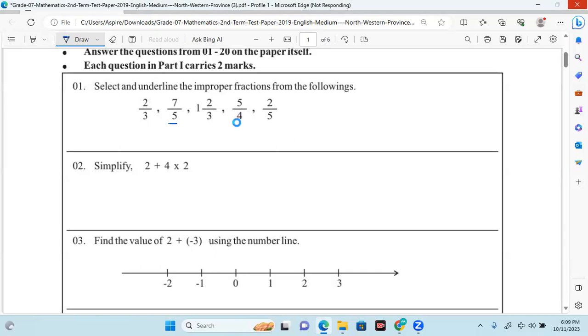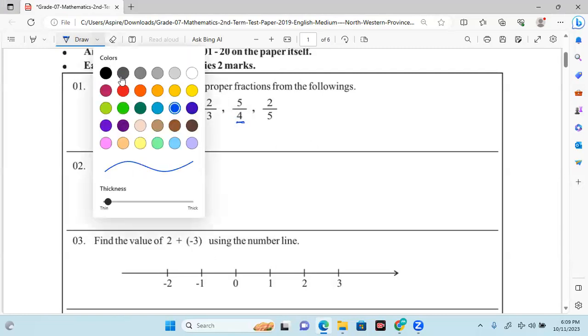Okay, if you can't remember the characteristic of an improper fraction, you can write it down. If you have taken printouts of this paper, it is better.